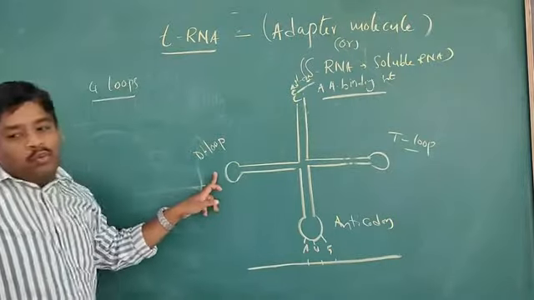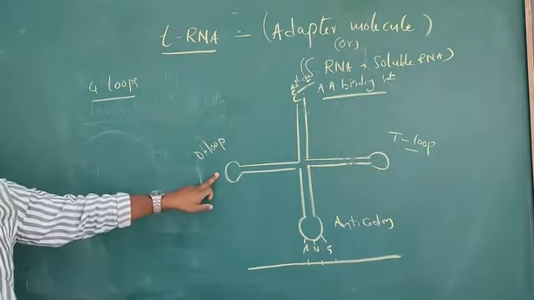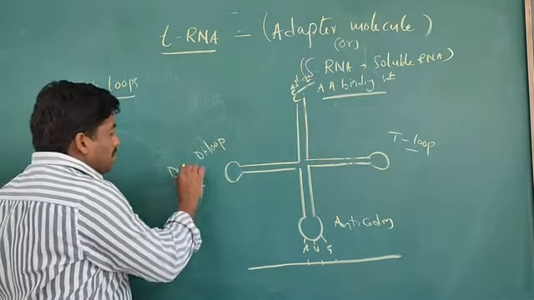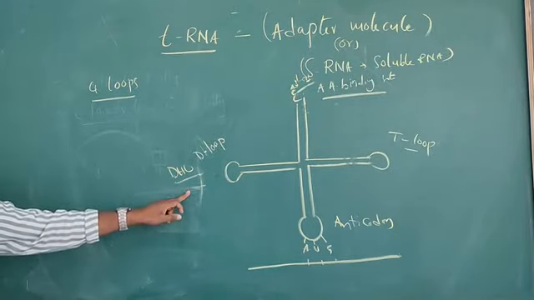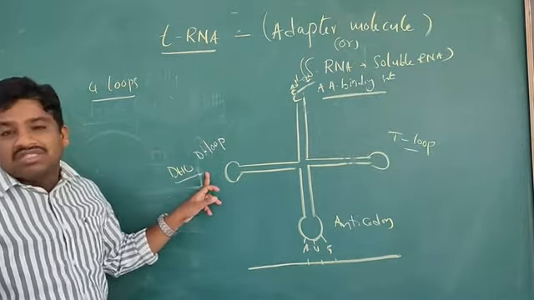Next, the D loop. This D loop we call DHU, dihydrouracil. D means it is a dihydrouracil site.